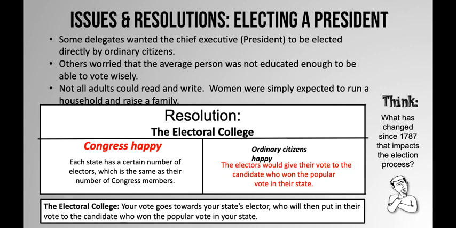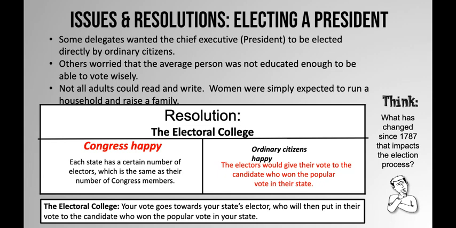As you're writing, you may be thinking, a lot has changed since 1787 that impacts the election process. Most of our citizens can read and write now. Women are allowed to vote. Minorities can vote. These are all things that didn't happen back then.